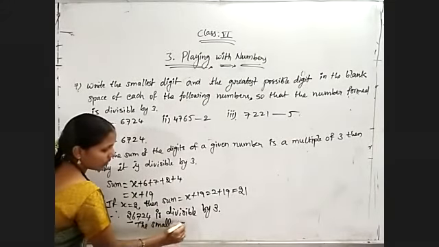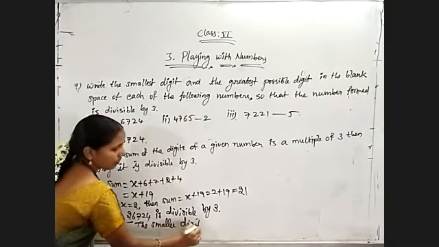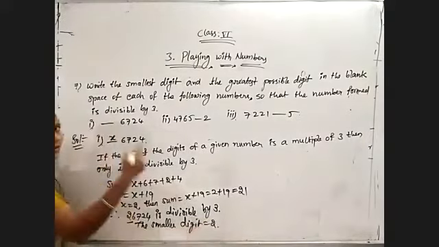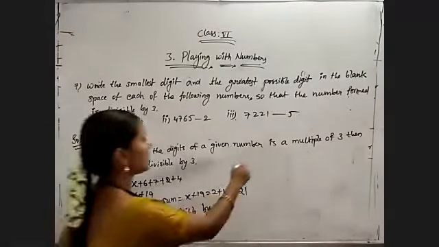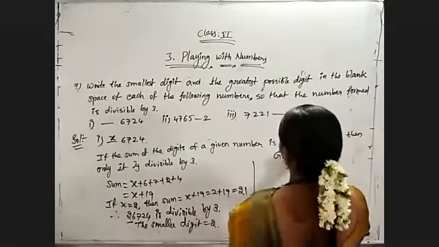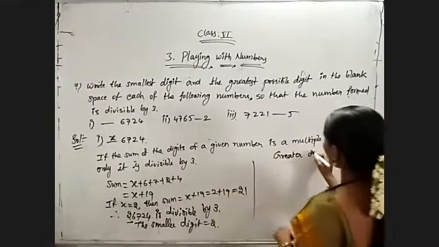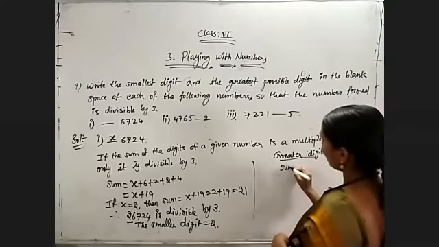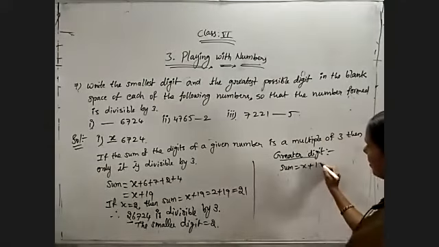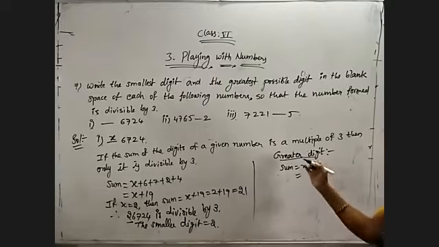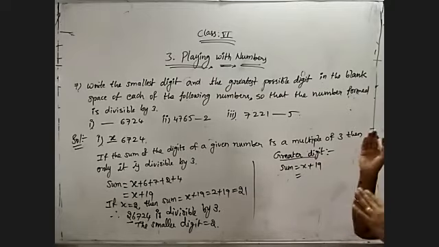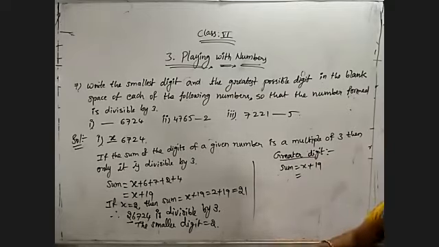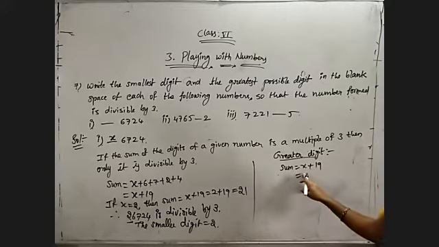The smaller digit is equal to 2. Now come to the greater digit. The sum will be equal to x plus 19. So the greater digit we start with is 9. Then 19 plus 9 is 28, which is not a multiple of 3.